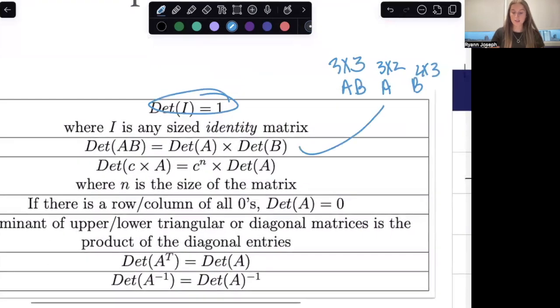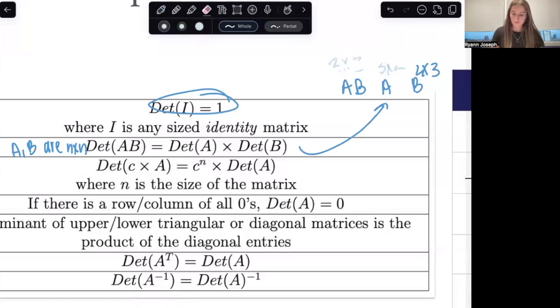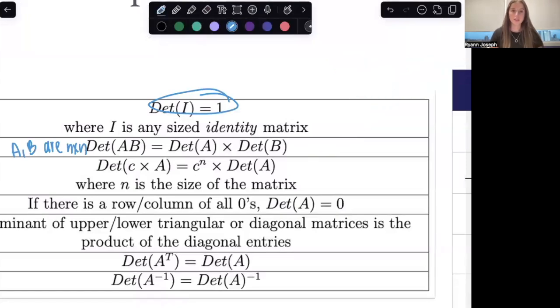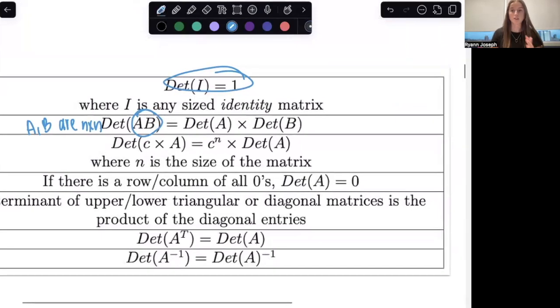In that case, this doesn't apply because, like we said, non-square matrices don't have determinants. So this only applies where A and B are square, so n by n's. And they would have to be the same size, because otherwise AB is not defined. You can't multiply out AB if they're not the same size for square matrices.